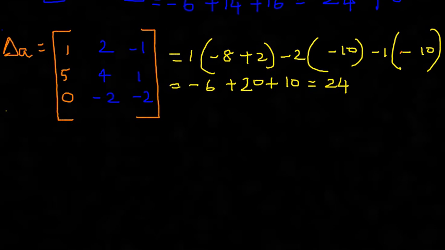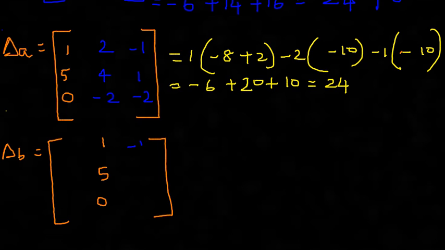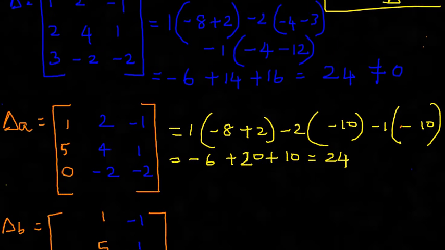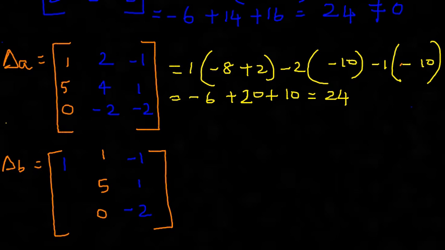So likewise, can you find del b and del c? For del b, in the column of b, we will write the resultant values 1, 5, 0. And for the c column and a column will be the same, 1, 2 and 3. Now let's expand.